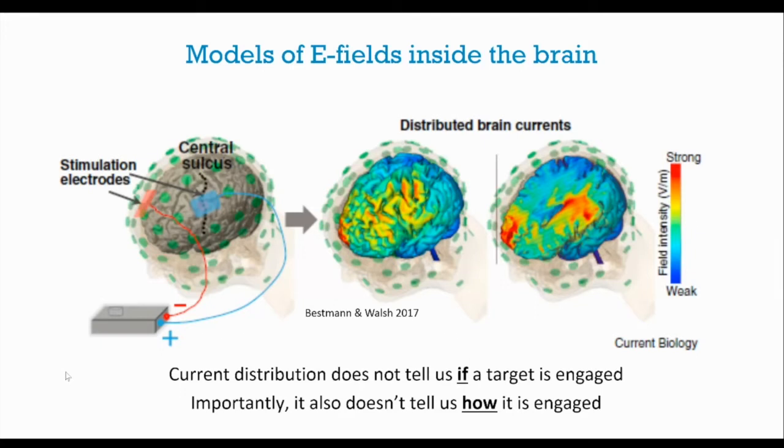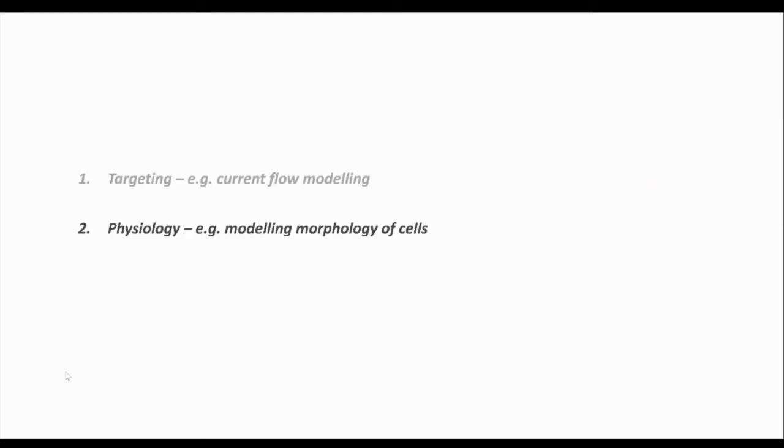And those kinds of models can tell us something about the physiological effects. So if we indeed deliver current to a specific area, a network, and so on and so forth, how do the cells in this area or in this network react, and what is the overall consequence?